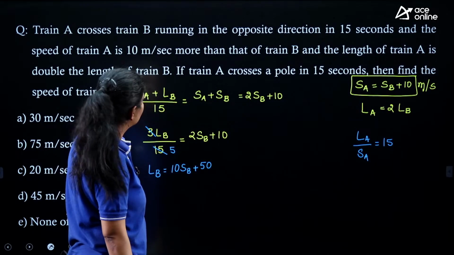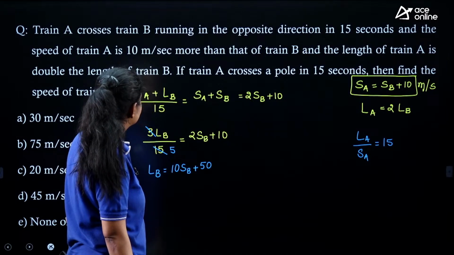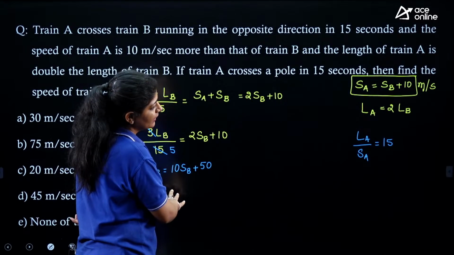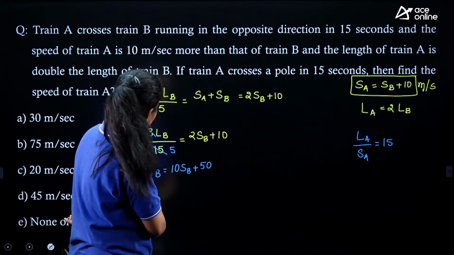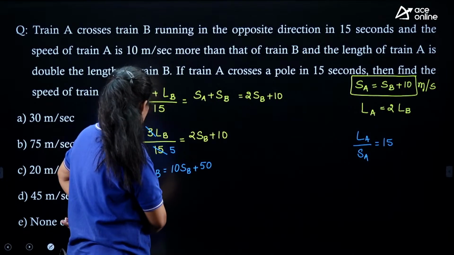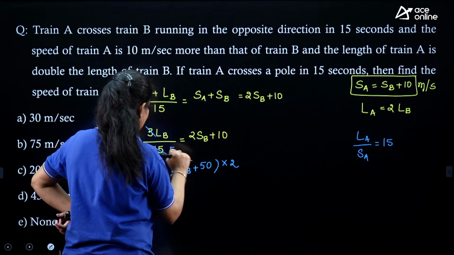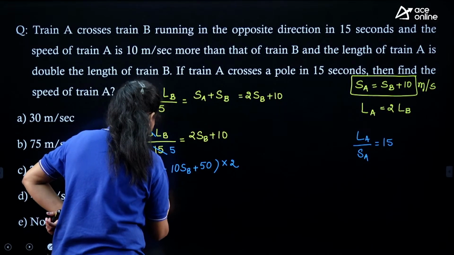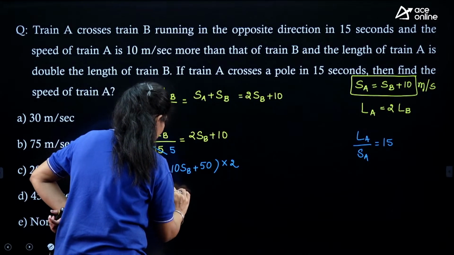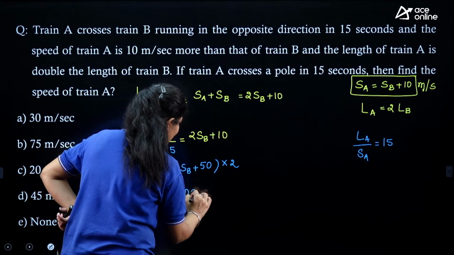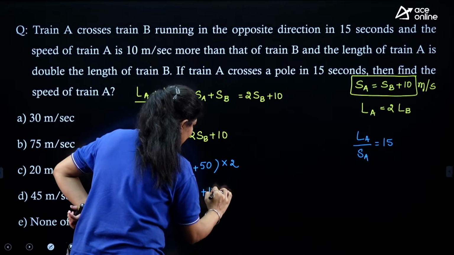So let's solve it like this only. Now, what if we multiply it by 2? So here we are getting 2LB is equal to 20 SB plus 100.